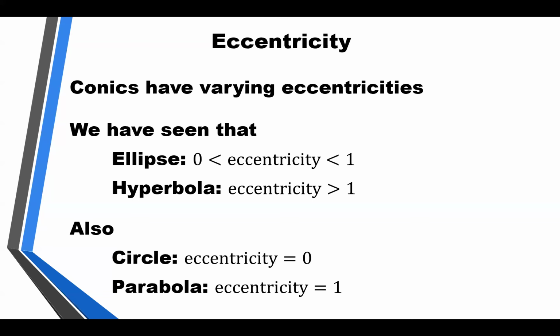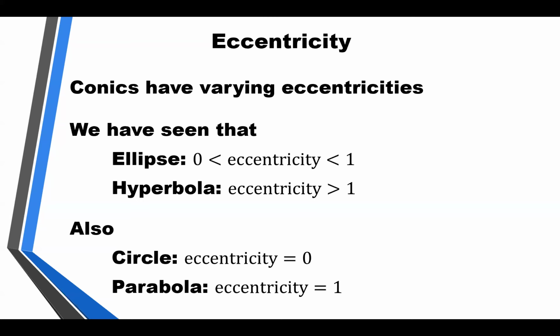Now, the last thing I want to talk about is the concept of eccentricity. We've already seen that the ellipse has eccentricity always between 0 and 1, and the hyperbola always has eccentricity greater than 1.